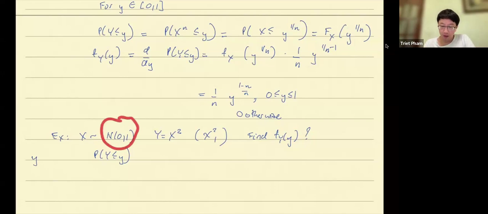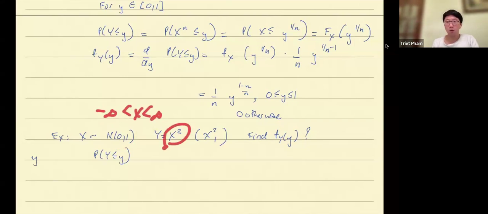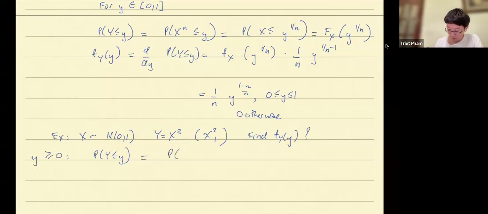Well, the normal takes values from minus infinity to infinity. So if you square it, then you'll get values from 0 to infinity. So for y non-negative, this will be the probability that X squared is less than or equal to y, which will be the probability of, because y is non-negative, I can take the square root.